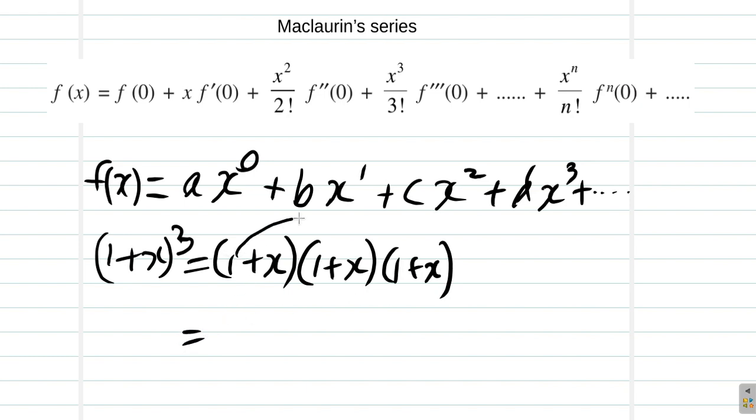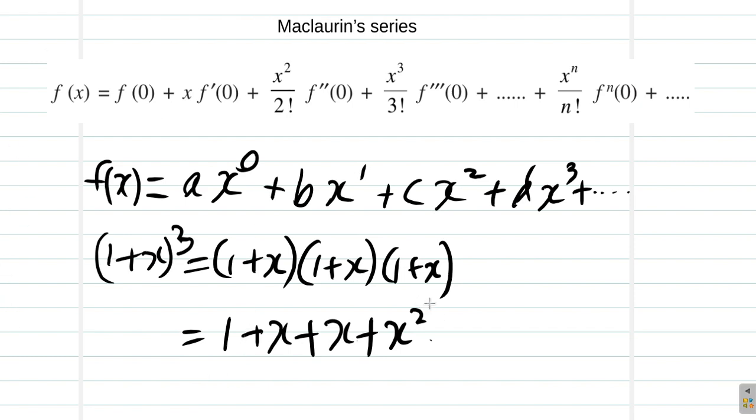So what you have is 1 times 1, which is 1, 1 times x, x times 1, which is x, plus x times x, which is x squared. So we completed multiplying the first two brackets. You have 1 times 1, which is 1, 1 times x, which is x, x times 1, which is x, x times x, which is x squared.